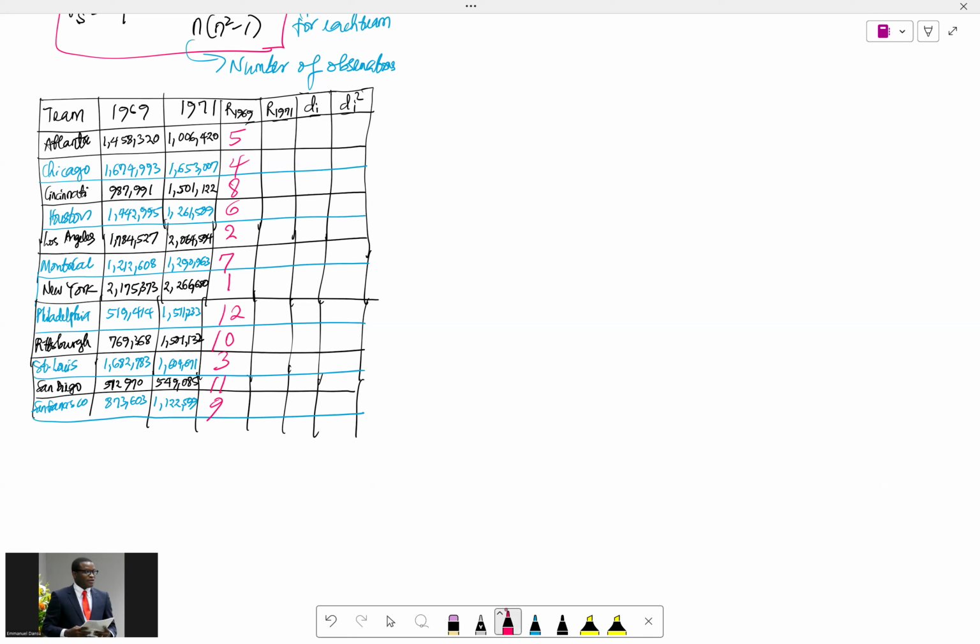Philadelphia is 519,000, and then San Diego is 512. So Philadelphia should be 11, while San Diego is 12.